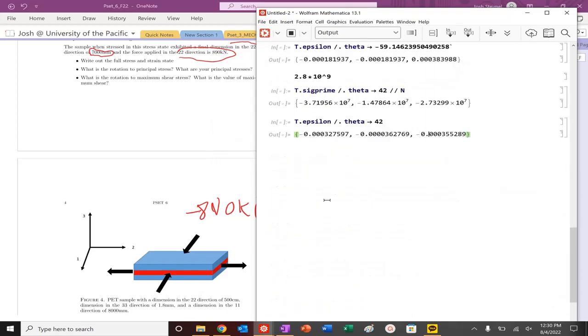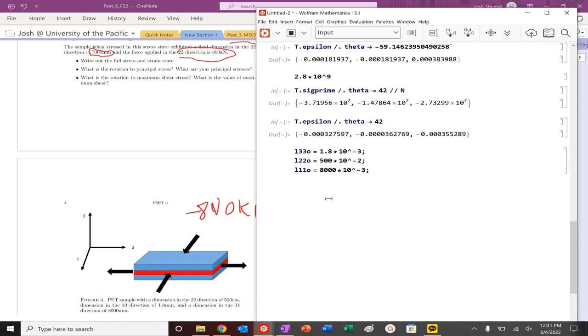So I'm going to quit everything, and I'm going to say that my L33 naught is equal to 1.8 times 10 to the minus 3. My L22 naught is equal to 500 times 10 to the minus 2. And then my L11 naught is equal to 8,000 times 10 to the minus 3.